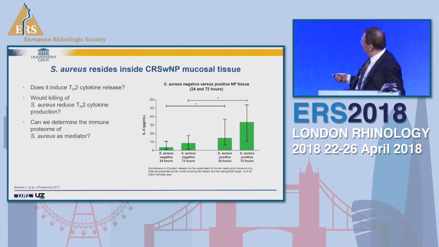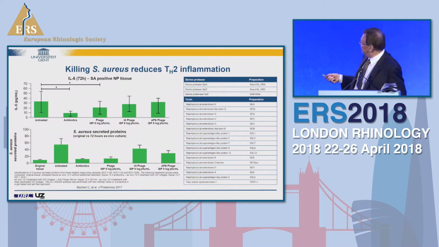But very clearly, if there is Staph aureus there is much more interleukin-5 production, spontaneous interleukin-5 production. And if you kill the staph by either antibiotics or a specific viral phage, then you see this IL-5 production goes down.